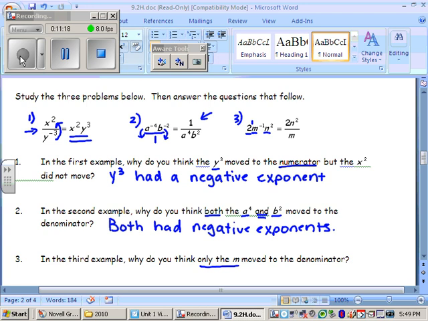So the only base with a negative exponent is the m, which means it should be the only thing that moves to the denominator. The 2n squared will stay exactly where it is. So again, our answer would be m is the only base with a negative exponent.